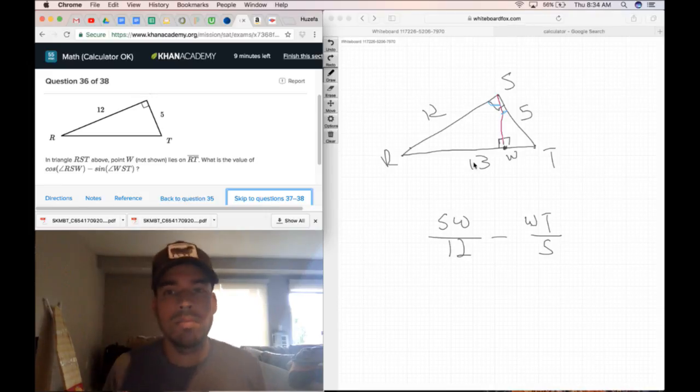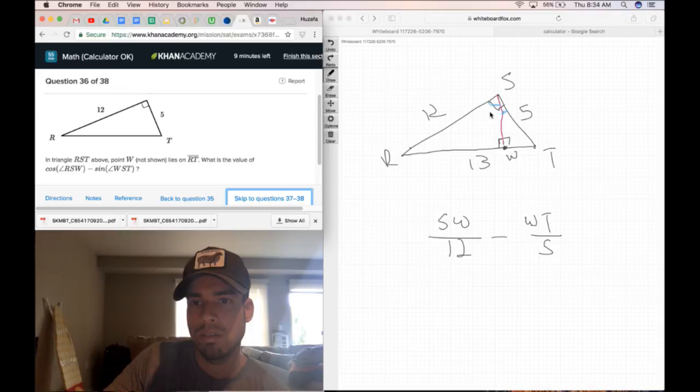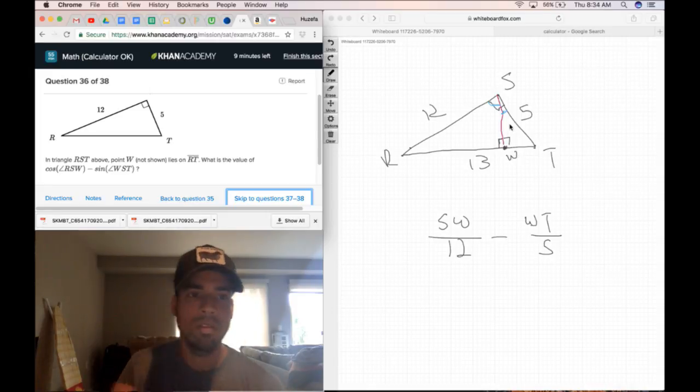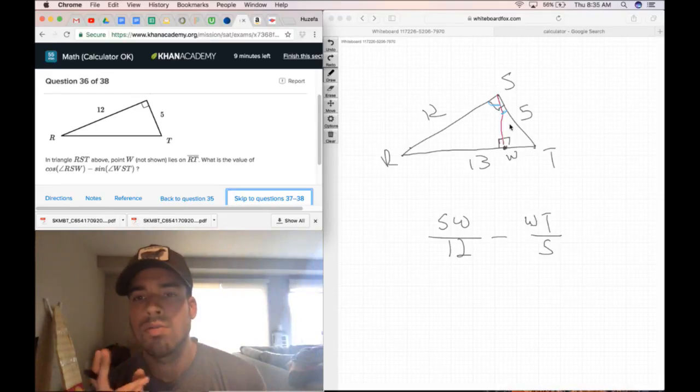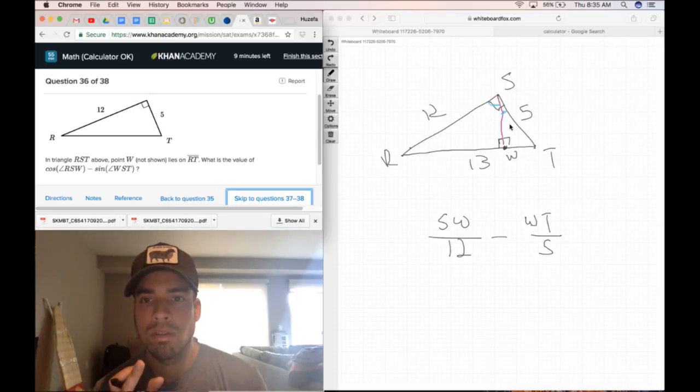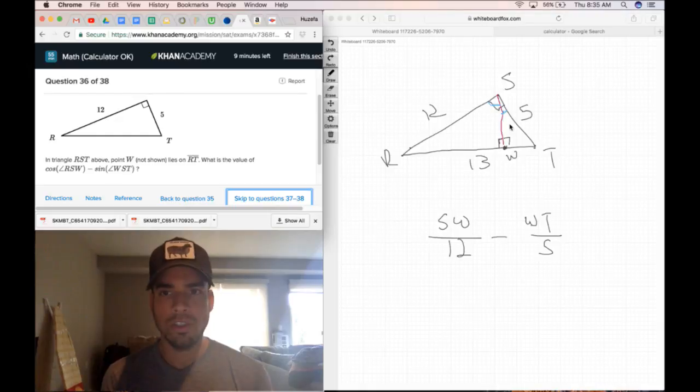Okay, I'm gonna take some leaps here. I'm not actually totally sure how to do this, but what we would do is say 12 over x equals 5 over, no, but we don't know what W is. It's 5, it's 13, 5 over 12. Man, I am not sure.